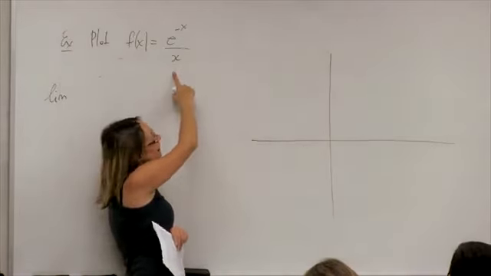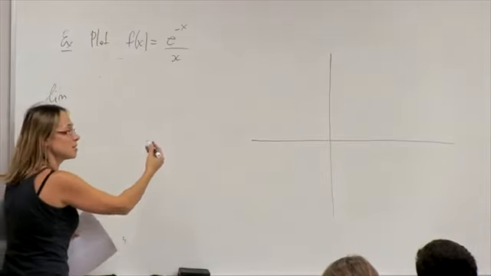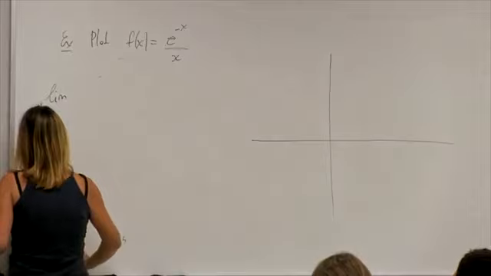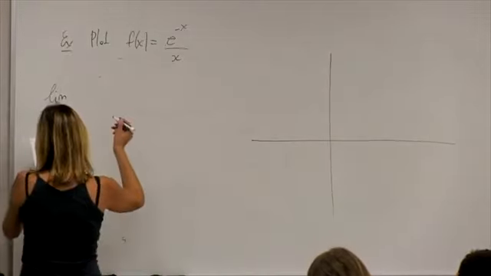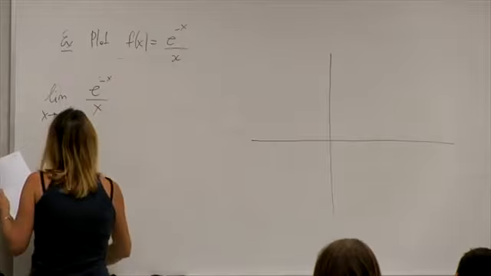So we want to know what happens to the function when x goes to plus 0 and minus 0. So let's start with x going to 0 on the right of e to the minus x over x.